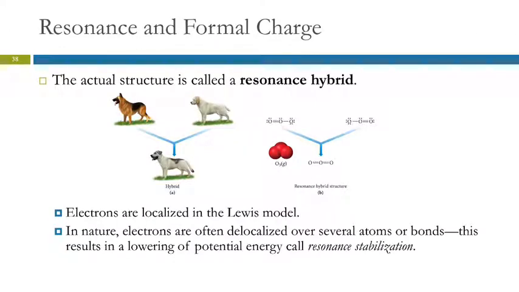The resonance hybrid, the average of them, is a little bit like what might happen if you have two different breeds of dog and they have puppies together, right? So here you've got a German Shepherd, and that looks like maybe a white lab. So they have a puppy, and the puppy might look like this.